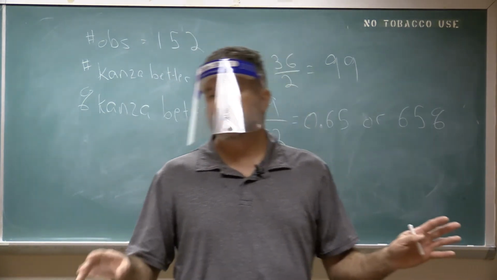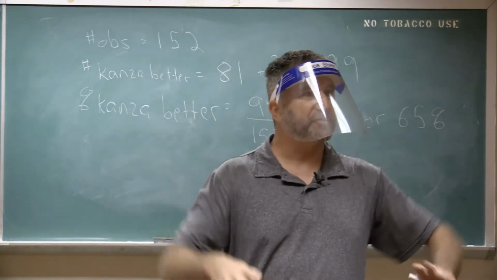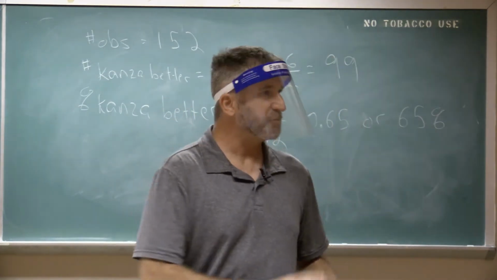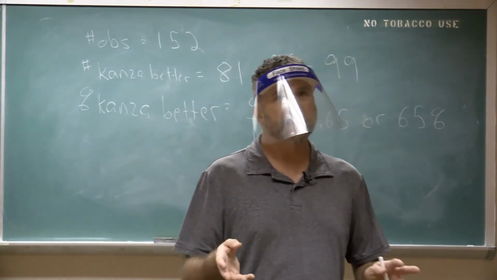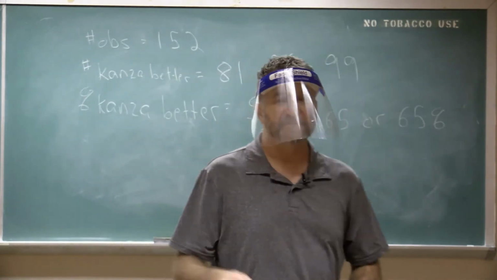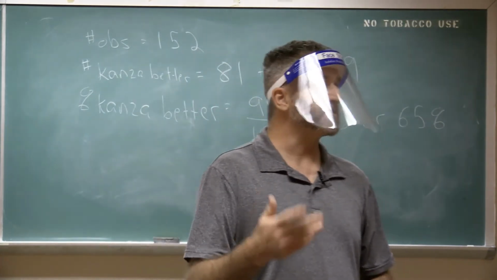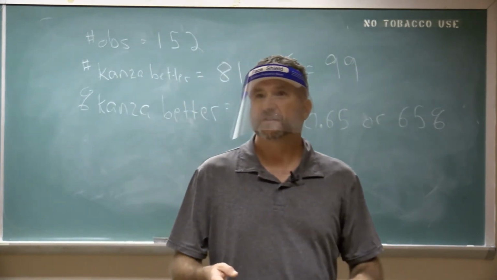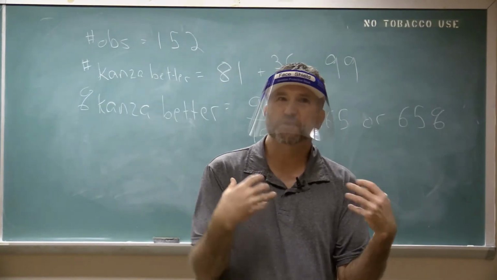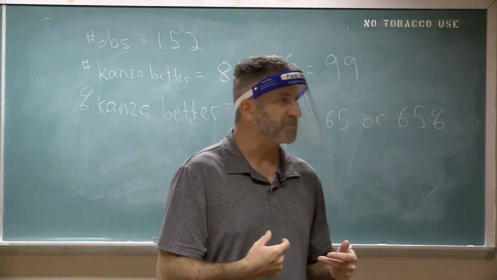So what we're saying there is when we ask the 152 which one they like better, and we force people who gave an equal rating to flip a coin to see which one they like better, we find that 65% of people liked the Kanza better. And then we want to say, is this real? Is this a real preference, or is this just an artifact of randomness?